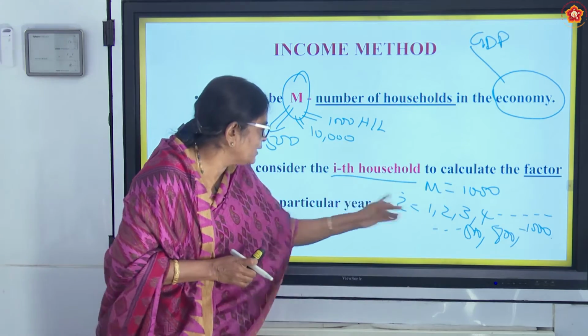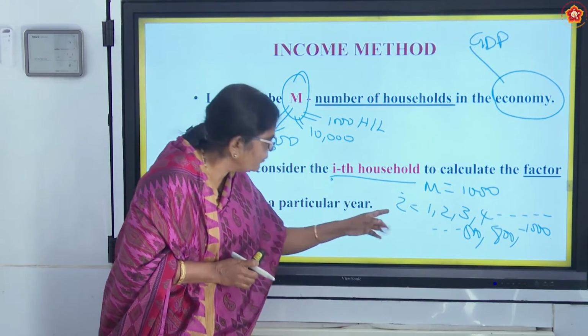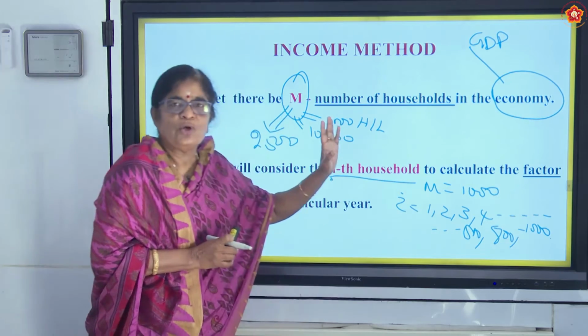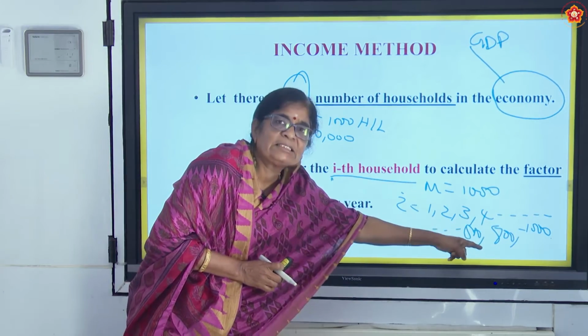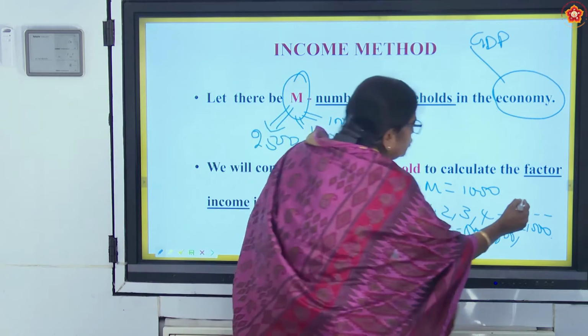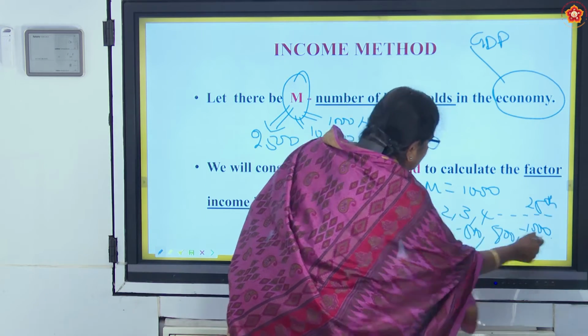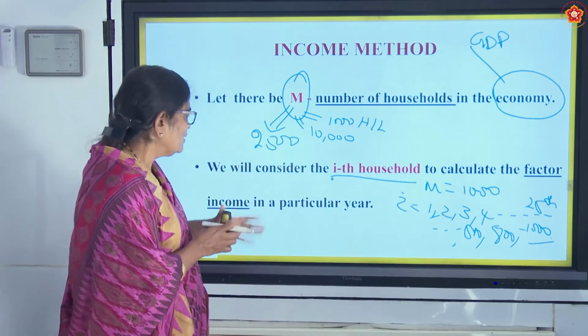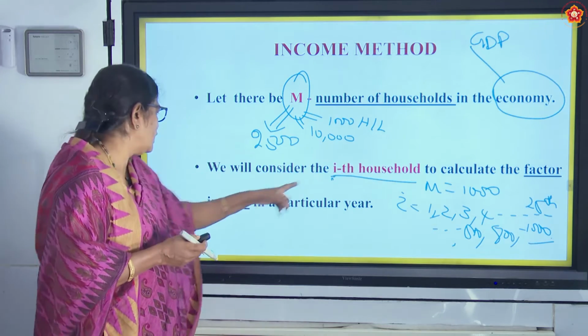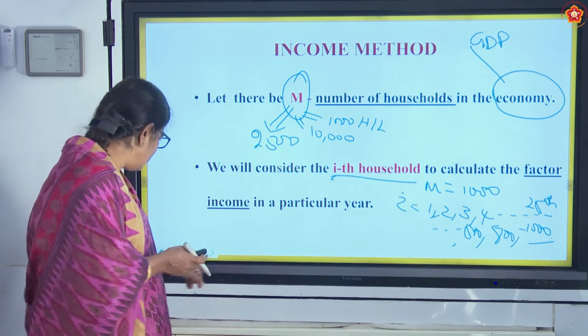Any number I might take. Among these 1000 households, I am going to select one household. I can select the 800th household or the 500th or the 4th or the 25th, in this range. You understand? That is the meaning of ith. Therefore, we are going to take the ith household to calculate the factor income in a particular year.